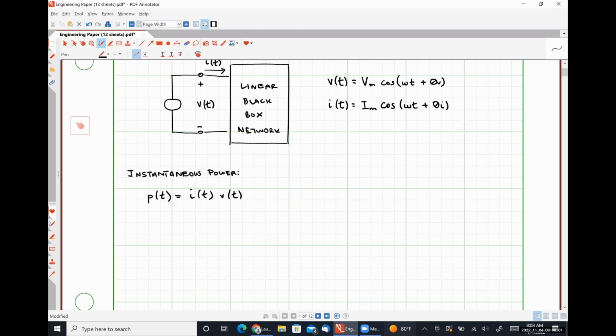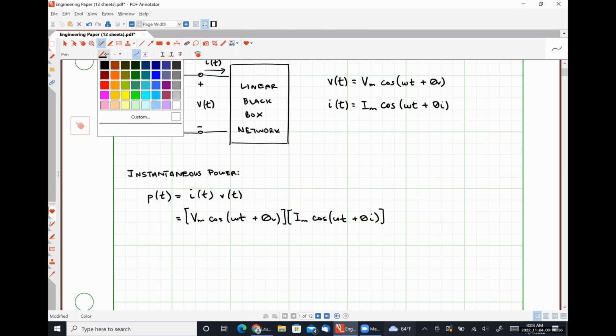So this is going to look like Vm cosine(omega t plus theta v) multiplied by Im cosine(omega t plus theta i). Because I'm multiplying these two sinusoidal functions together, I'm going to use one of the trig identities that I introduced to you guys a couple of days ago.